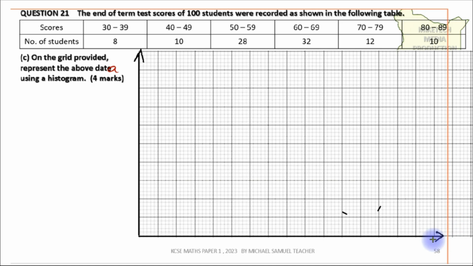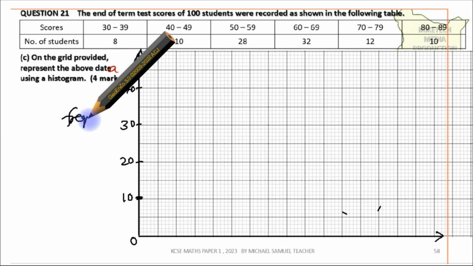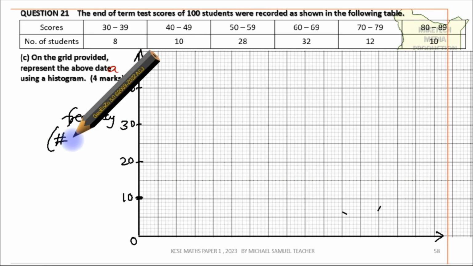Now from 0, for the y-axis we can use 2 big squares to represent 10. So 10, 20, 30, 40. That is the frequency, or in other words, the number of students.